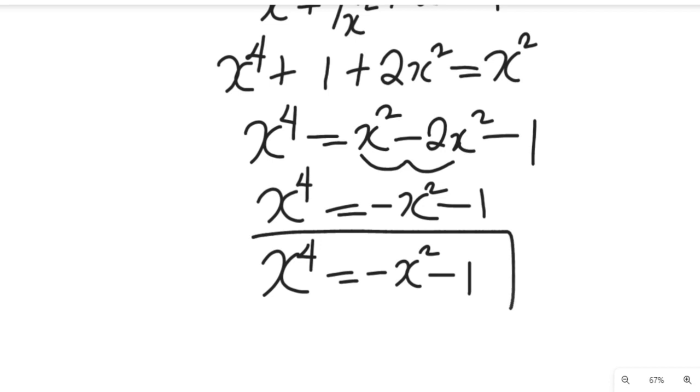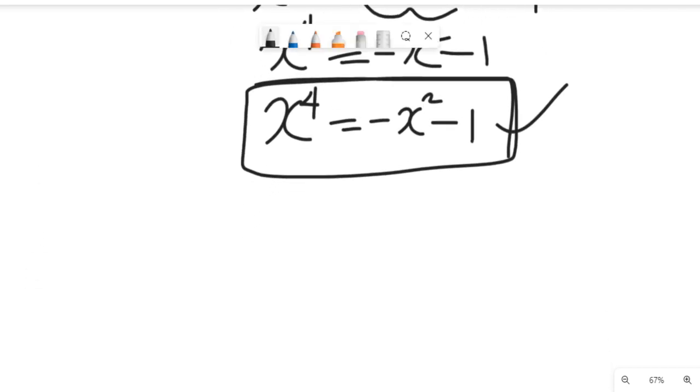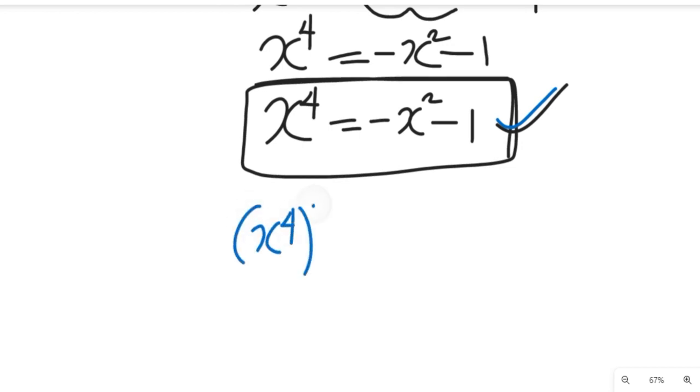Now I want you to take note of this equation, because we'll be using it as we go ahead in this solution. Now, having gotten that, what we are going to do is to square this equation we've gotten. Remember, our main aim is to find the value of x to the power of 32. So we'll have x to the power of 4 all squared equal to minus x squared minus 1 all squared.